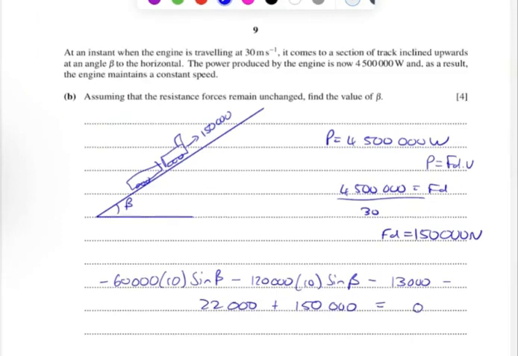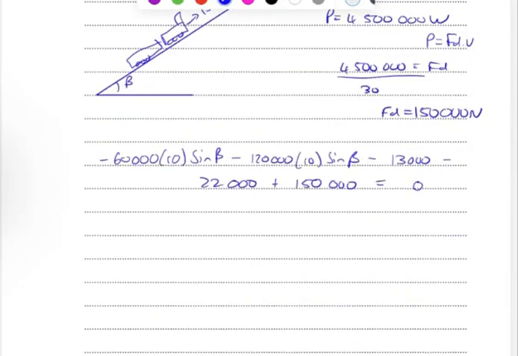Okay, now the only unknown is my beta. Okay, so let's get all the terms with beta on the one side, everything else goes on the other side. So 60,000 times 10 plus 120.